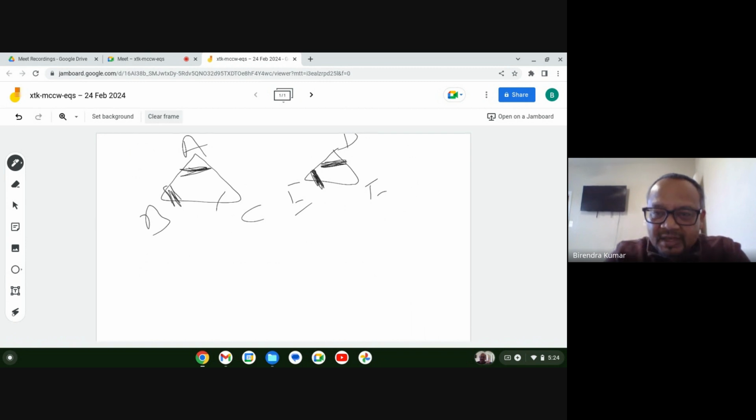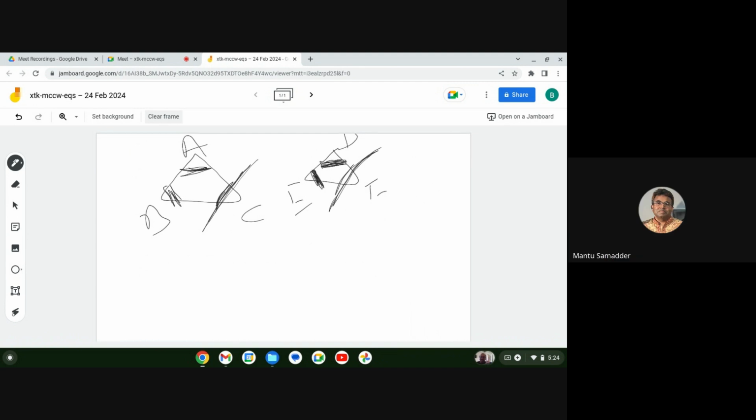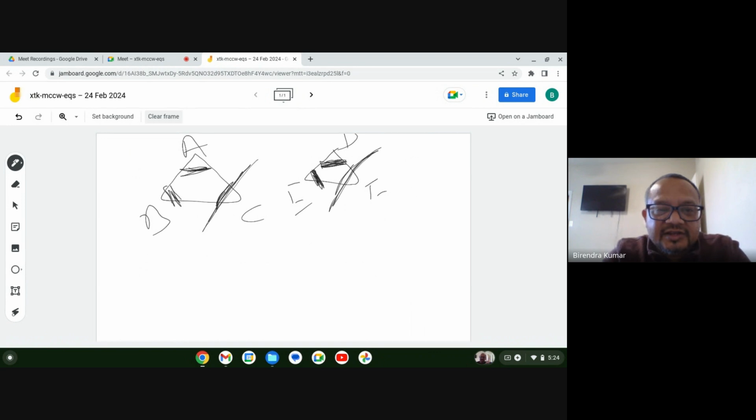And if these two angles are matching, the third angle will match by default. Do you know why, Mithran? Because the sum of all the angles is 180 degree. If two angles have already matched, the third angle has to match because it will be 180 minus the two angles.